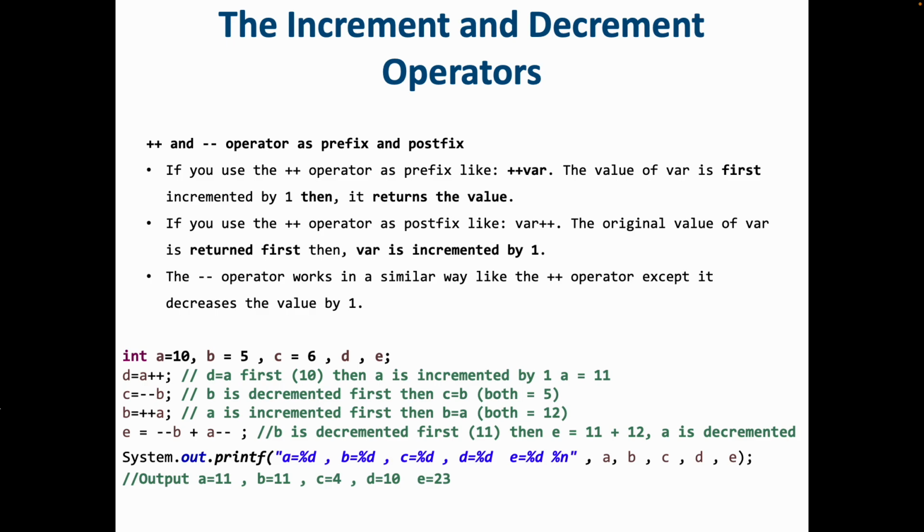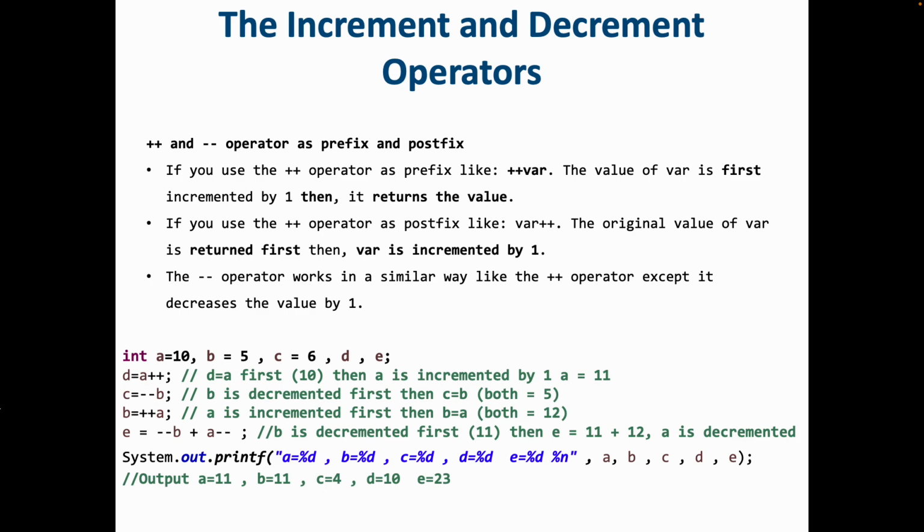If we have this code again, a is 10, b is 5, c is 6, and we have d and e. If we say d is equal to a plus plus, it means that the value of d will be a first, and then the value of a will be incremented by 1. So d will be 10, and then a will be incremented by 1, so it will be 11.